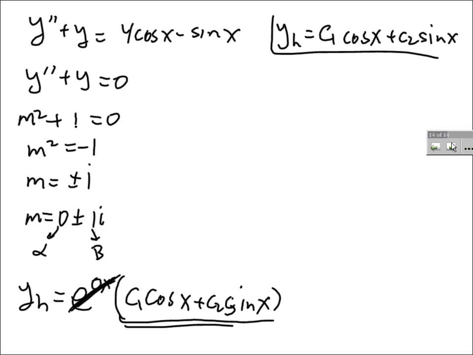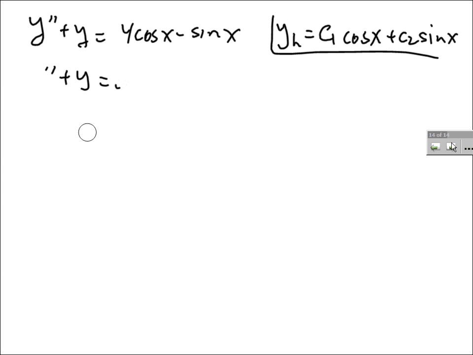Now we want to annihilate the right side, generally called g of x. What's going to annihilate that? The answer is going to be D squared plus 1. D squared plus 1 is going to annihilate because cosine x is e to the 0x, which is 1, times cosine of 1x.